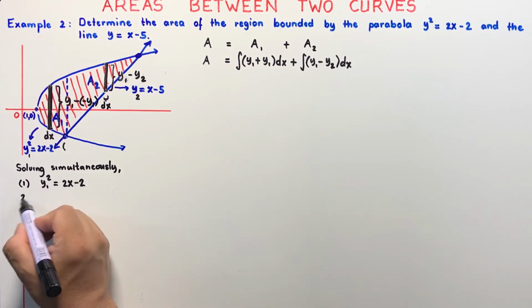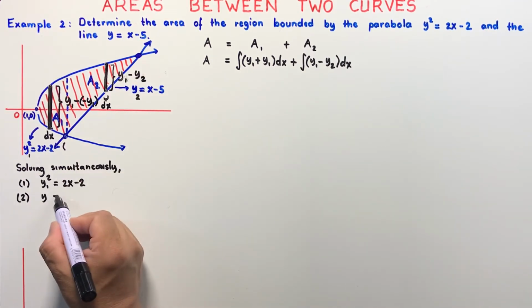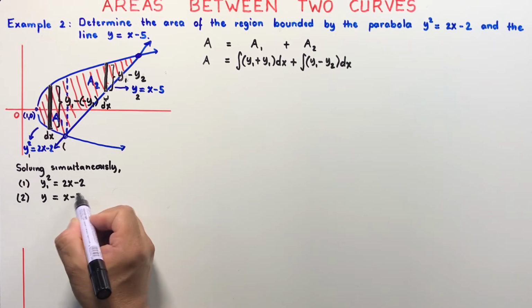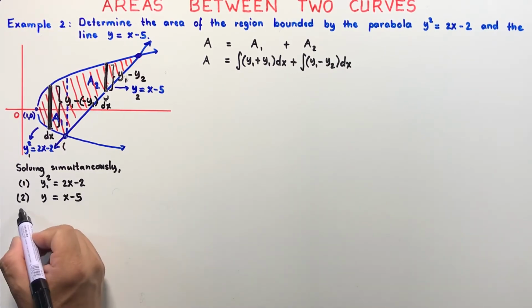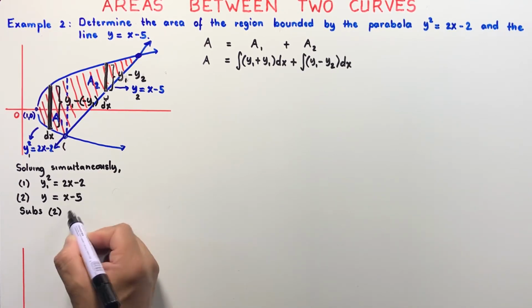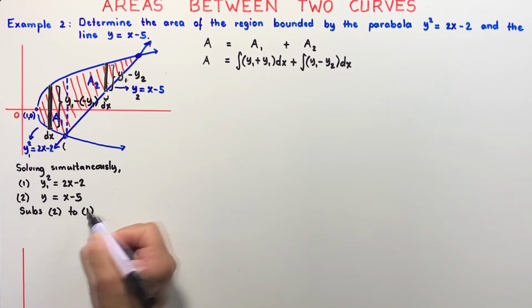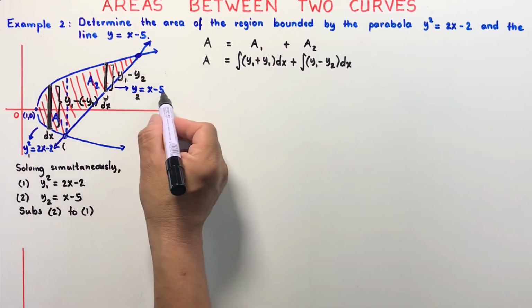And our second equation is the equation for the straight line, which is y equals x minus 5. And how do we solve it simultaneously? We just substitute equation 2 to equation 1. So we have y sub 2, this one, which is from here.